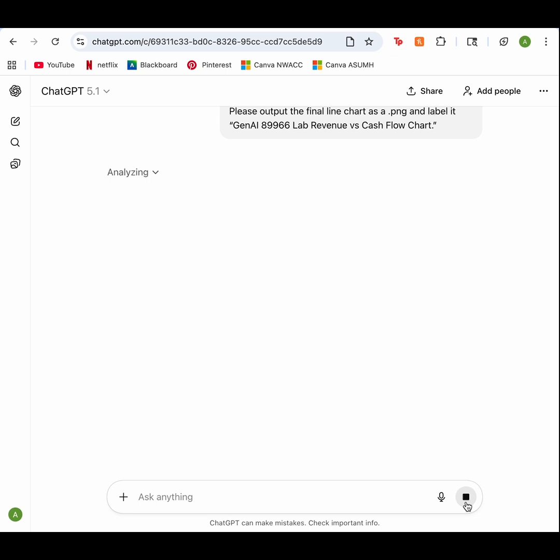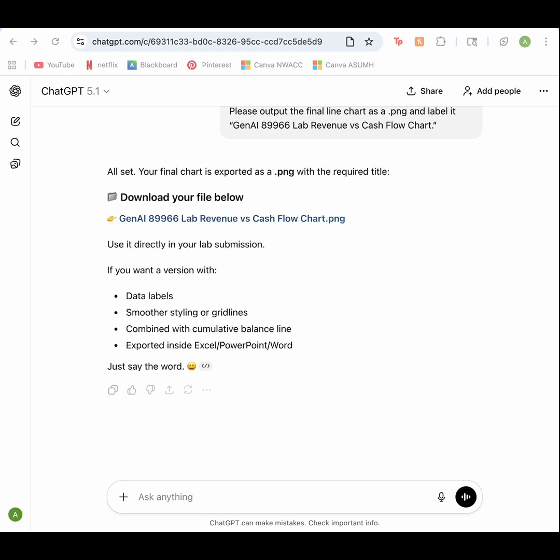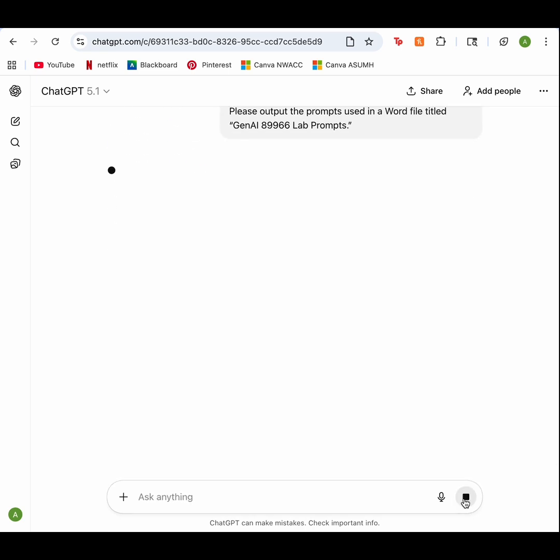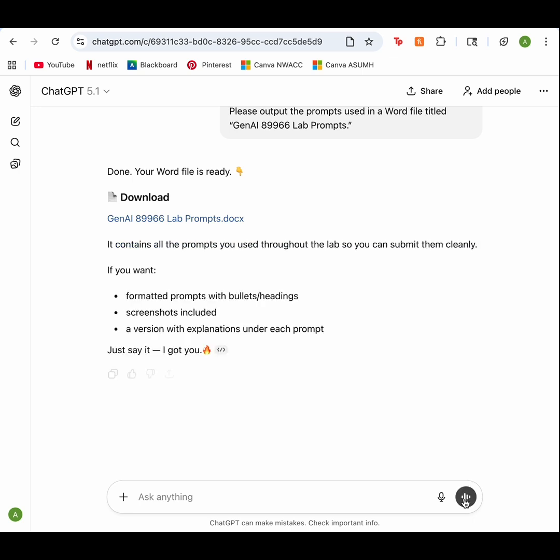Once we are done with that, we will also ask ChatGPT to output the prompt so that we can also upload this into the Word document that you will need to turn in at the end of these assignments. After you have everything done and have completed the lab, just make sure to answer the multiple choice questions and the open-ended questions.